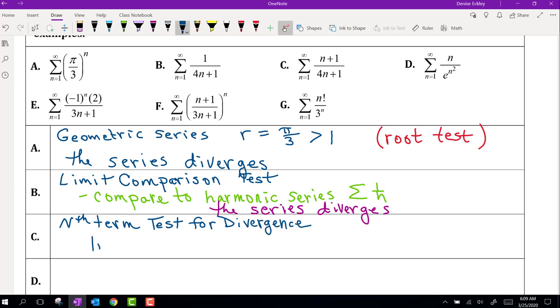Because you can take the limit as n approaches infinity of n plus 1 over 4n plus 1, and that's going to equal 1/4, which is not equal to 0, so this series diverges.